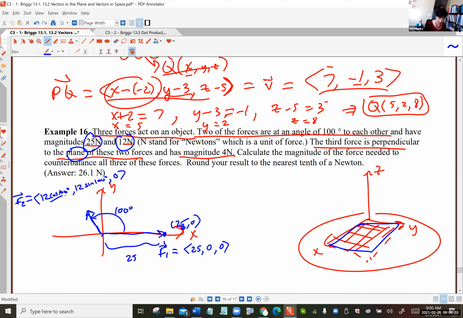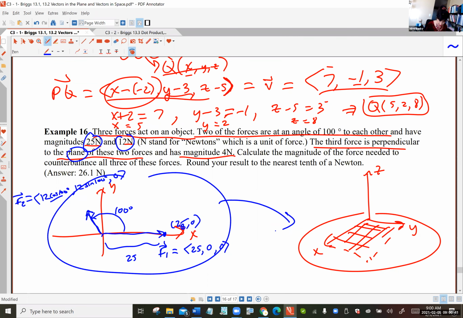Now, the third vector is perpendicular to both of these guys. Whoa, what does that mean? So now I'm going to try to draw these 2 vectors over here in 3D, so we'll come back to 3D. F1 is pointing in the positive x-axis, and remember, he's a length of 25.